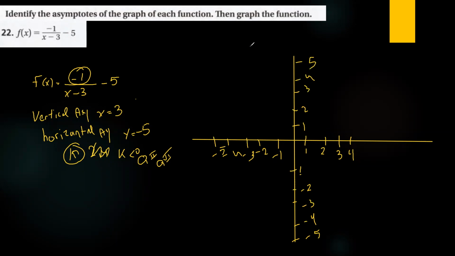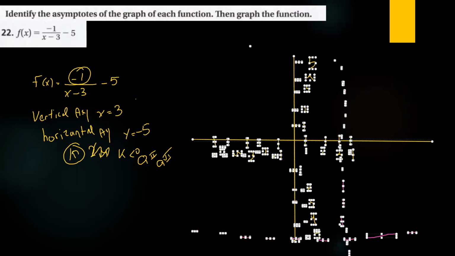Now from here, the vertical asymptote at point 3. The horizontal asymptote at y is negative 5. Now, I'm in quadrant 2 and what? And 4. So, let's draw it.